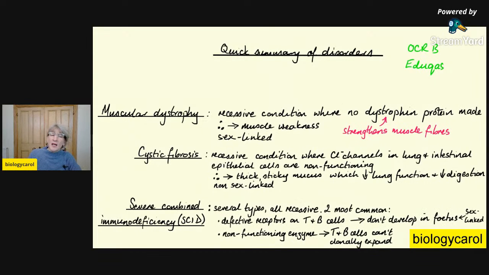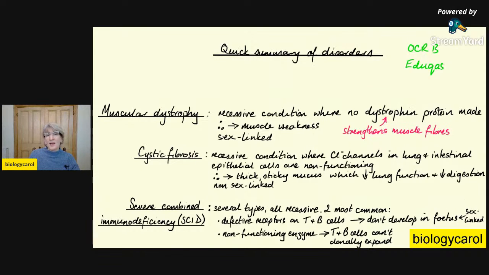And finally, we come to SCID, severe combined immunodeficiency. There are several types which involve mutations of different genes, but the two most common types cause a defective receptor on the T and B cells, and it means that those T and B cells don't develop in the fetus. The baby is born without those T and B cells, and therefore without a functioning immune system.